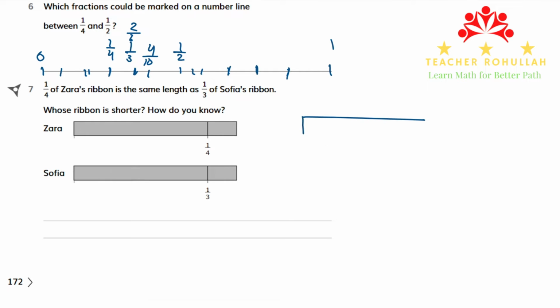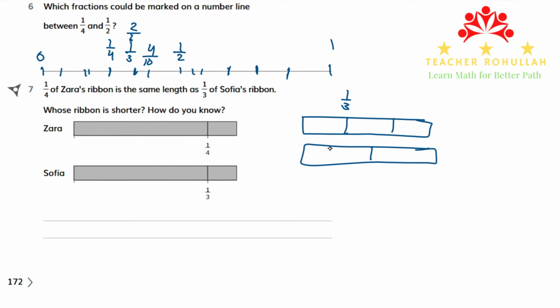Suppose we have two same-sized ribbons, and we cut one into 3 equal parts. 1, 2, 3. Now this is 1/3. But if we have 4 equal parts in this one, this is 1/4.